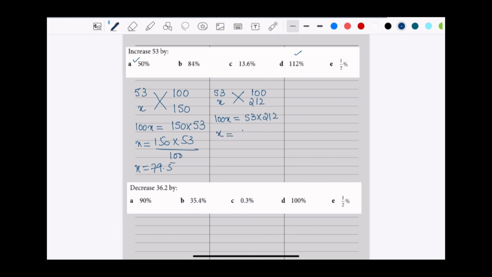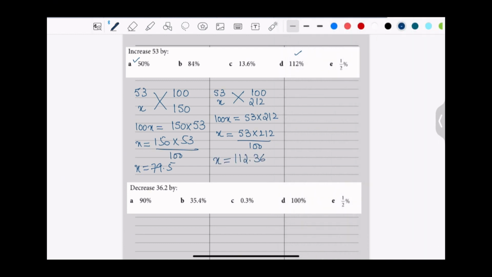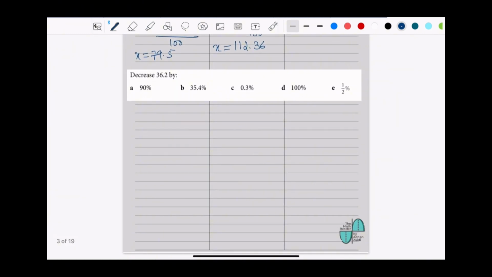X is going to be 53 times 212 over 100, which gives you 112.36. This is how you increase a percent. Note again that I'm not talking about the formulas here. Straight away, this method applies everywhere.